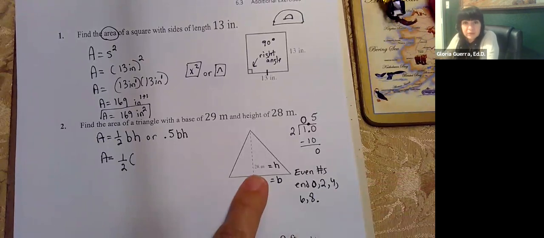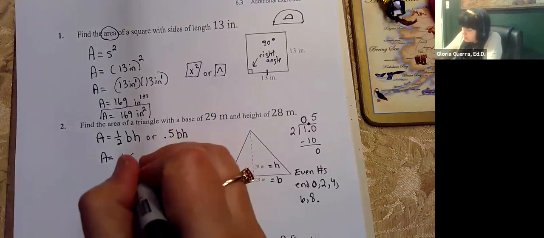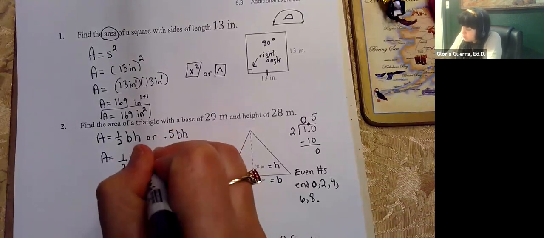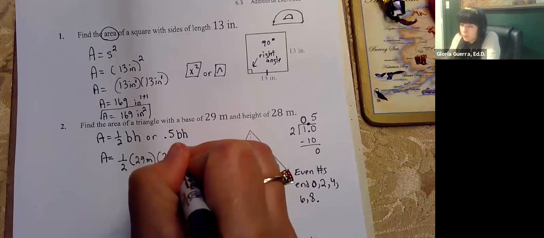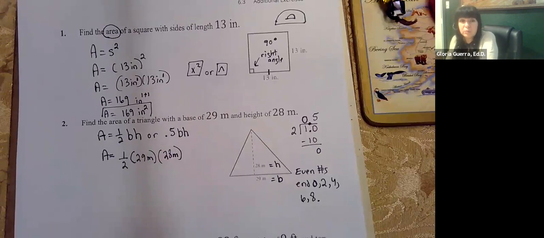And you see that ends in an 8. So this is a half times the base, which is 29 meters, times the height, and the height is 28 meters.